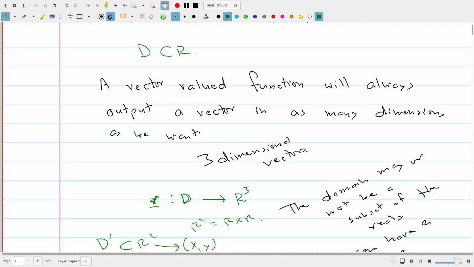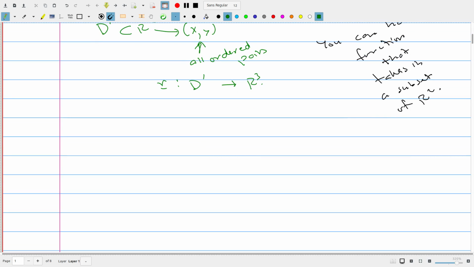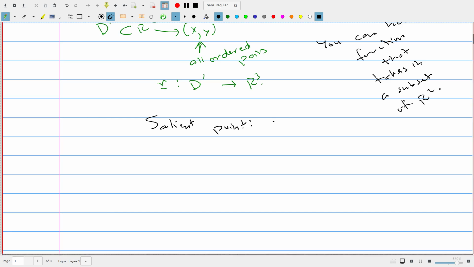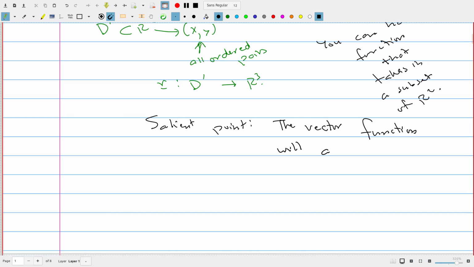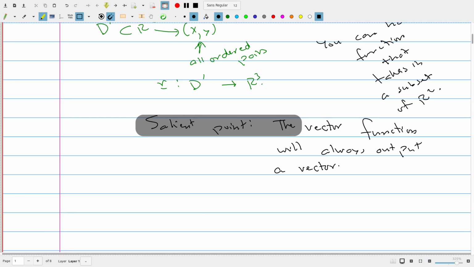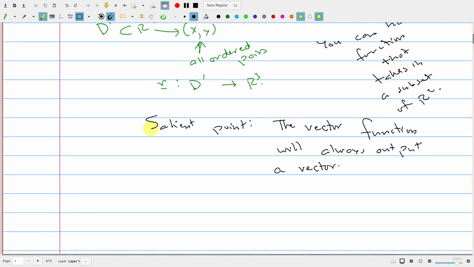But what's most important as far as we're concerned, the salient point, is that the vector function will always output a vector.